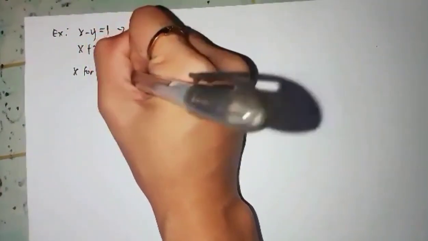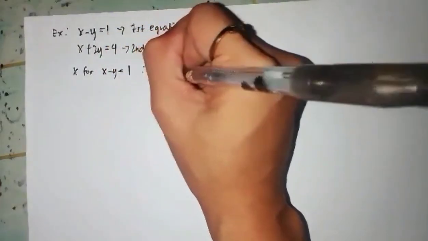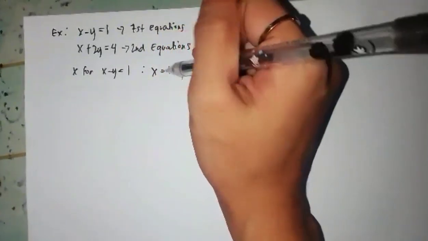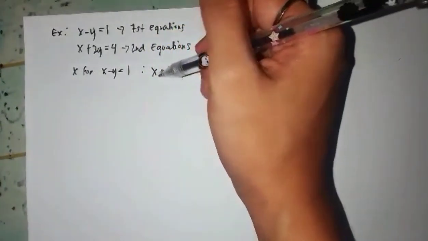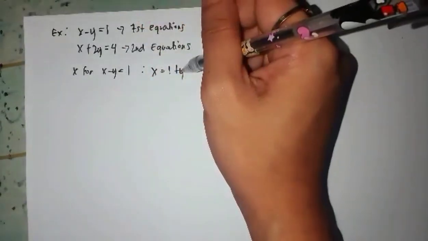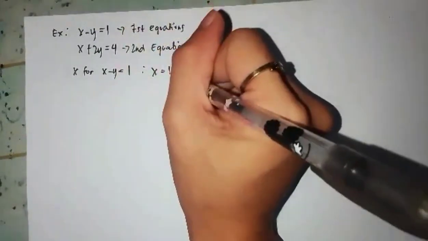Isolate x. For example, x minus y is 1. This will be x equals 1 plus y. What we are looking for here is the x, so the y we moved becomes positive y. And this will be the x.